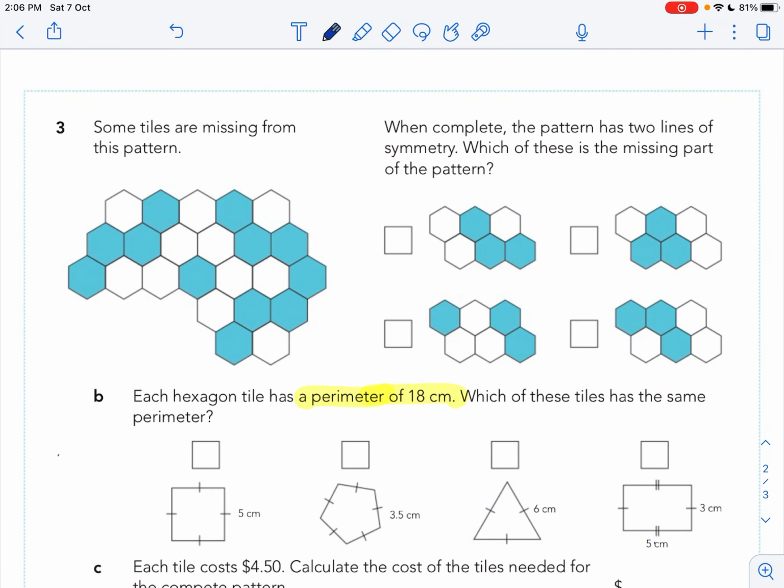Okay, so here we've got some tiles missing from the pattern, so we're going to just quickly draw some in, following the pattern. Right, we want 2 lines of symmetry, so you can see that it's going to be like that. These are the 2 lines of symmetry, the mirror lines, I guess.